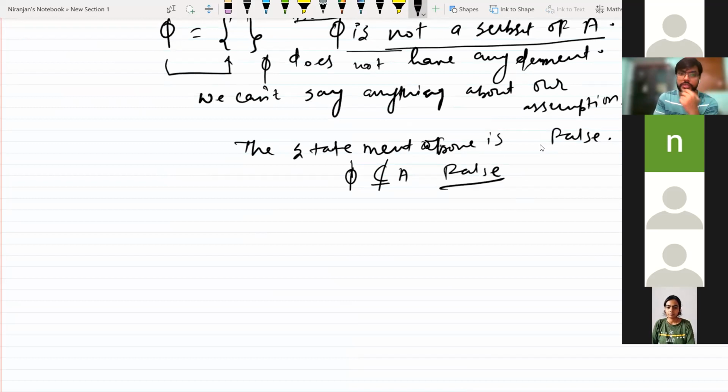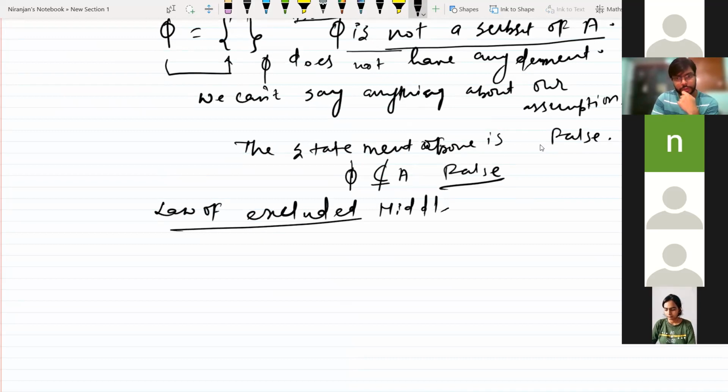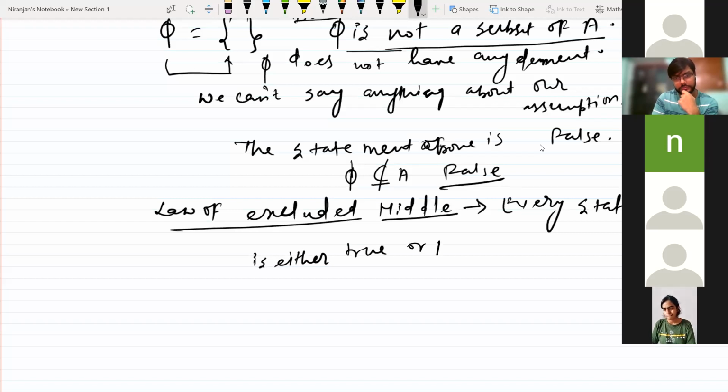Because you cannot say anything about this, we use a method called the law of excluded middle. How many of you know this? The law of excluded middle says that every statement is either true or false, right?